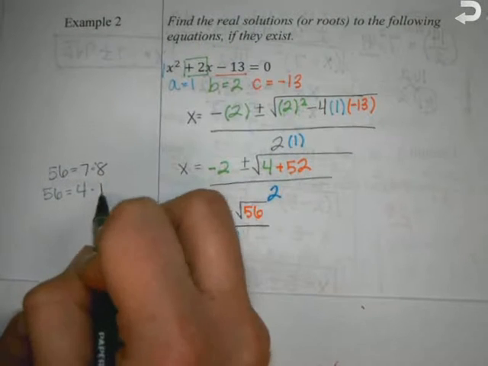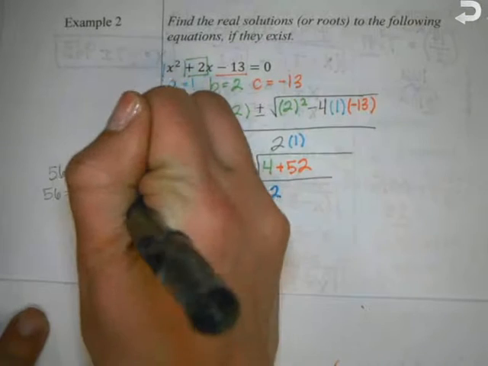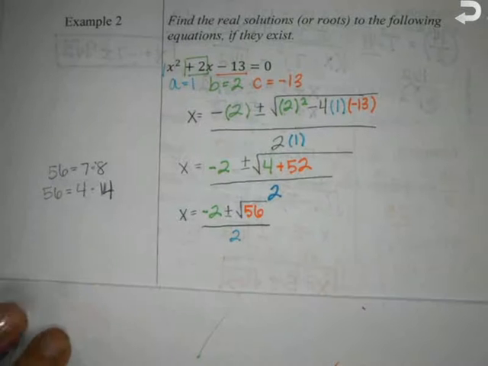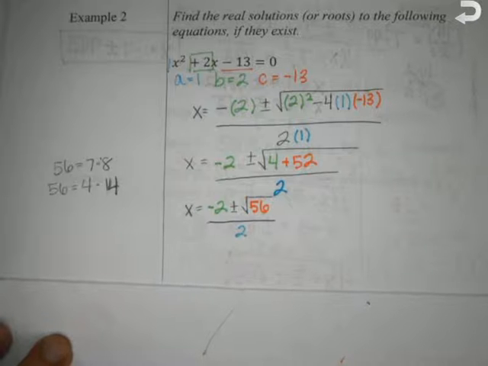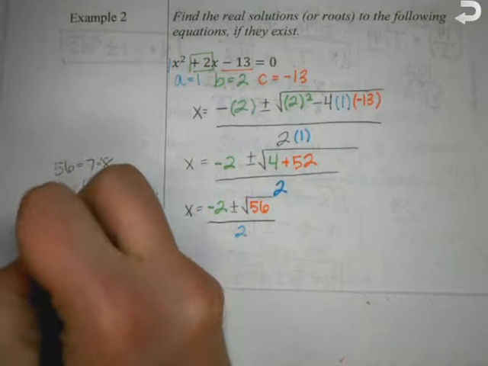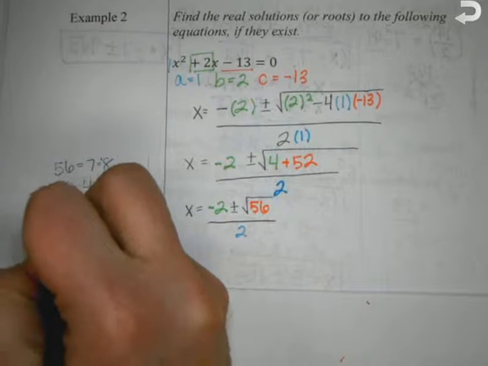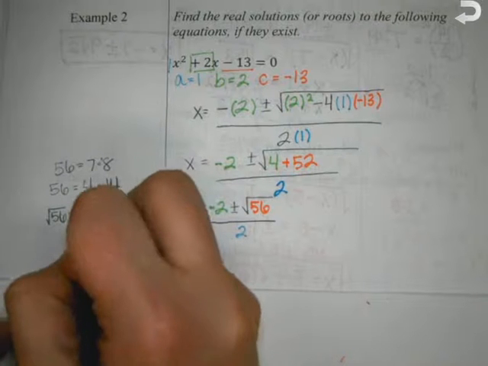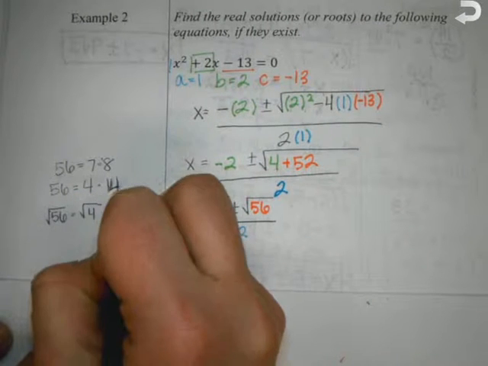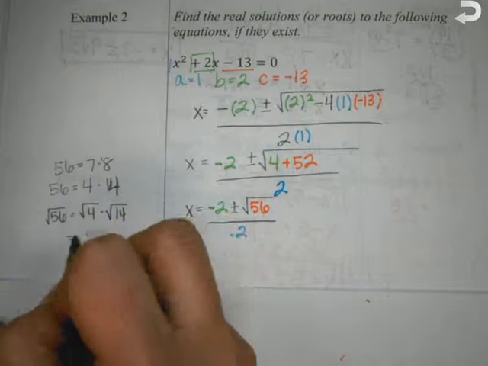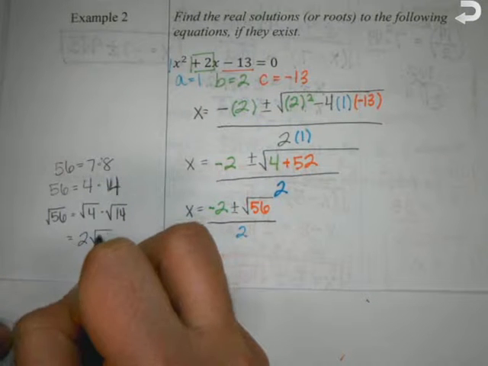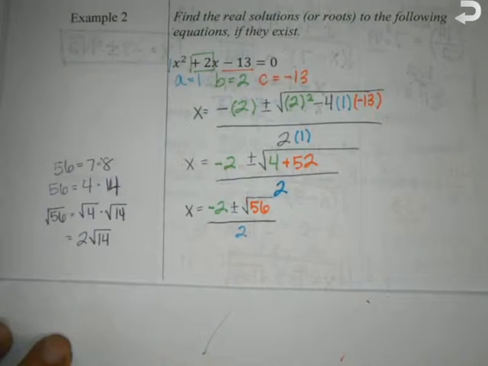4 times 14. Okay. So I'm doing this off to the side because this is scratch work. So the square root of 56 is equal to the square root of 4 times the square root of 14, right? And the square root of 4 is 2 root 14, right? Okay, so this is x equals.